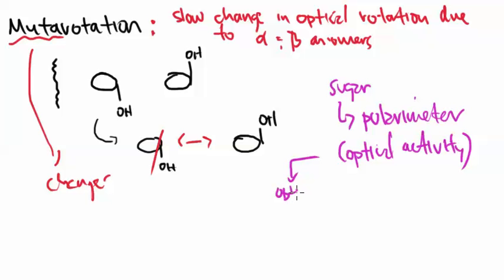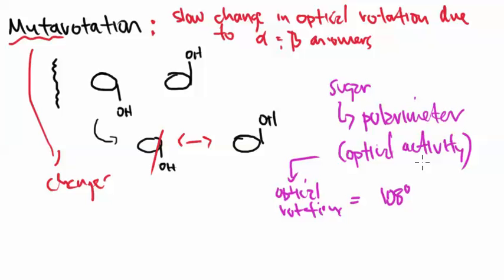So let's say that as soon as we made that sugar solution, the optical rotation was 108 degrees. What will happen, though, is that this molecule will constantly open and close the ring, back and forth.